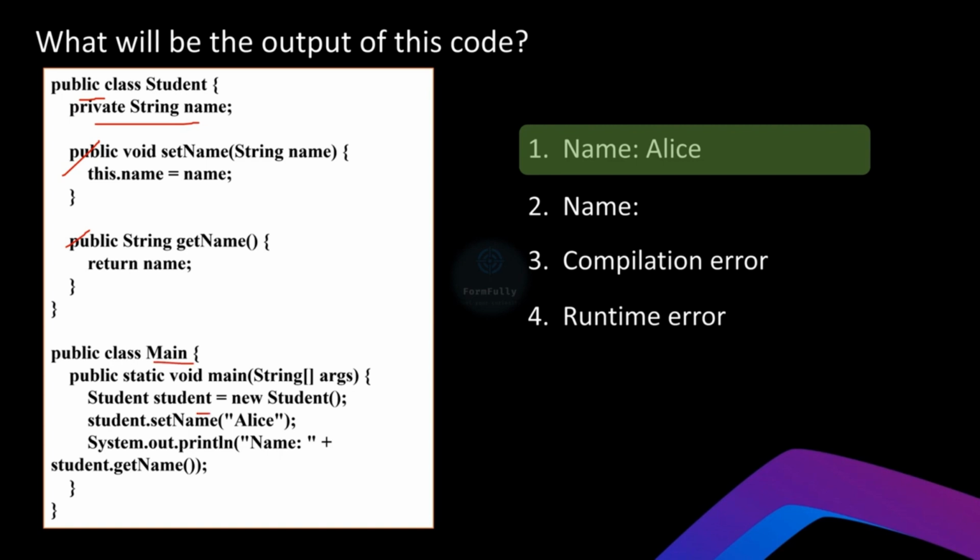We create a student object named student. First we set the name of the student object to alias using set name method, correct, and then we print the name using get name method which returns alias. So here name alias is the correct option, because we are setting the name to alias and then retrieving it.